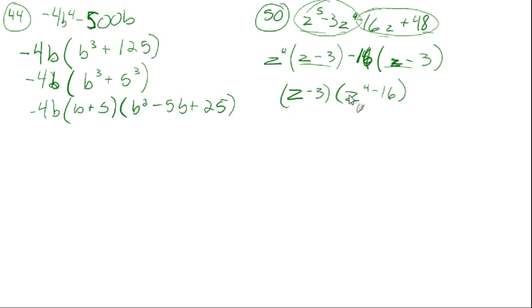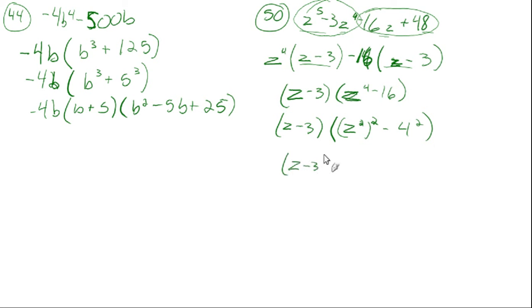Here's a slightly tricky thing. When we look at this one and we think, can we factor it? We can. This is z squared squared, and this is 4 squared. So it's a difference of squares.